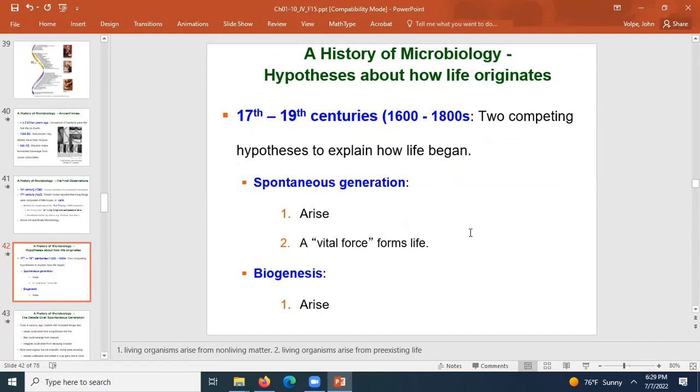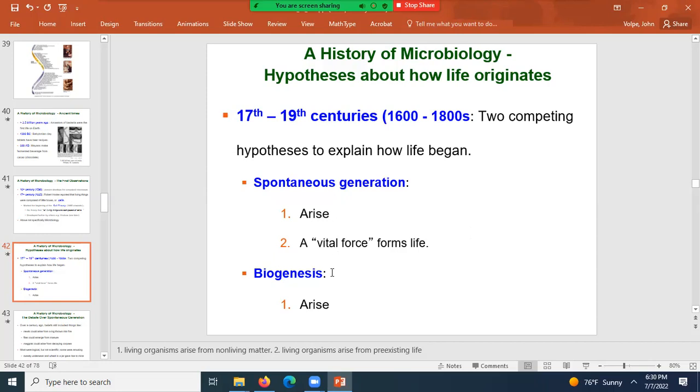The first was the theory of spontaneous generation, and that is living things arose from non-living matter, and a vital force was needed to come into the non-living matter to make life, and then life would spontaneously generate. That was the first theory about where life came from.